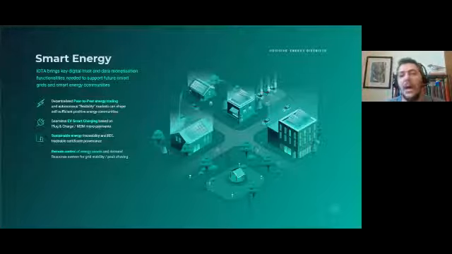So if I have the ability to create energy, and let's say that I created more energy than the one I'm going to use, I should be able to sell that energy to my neighbor or to whoever is close and might want or need that. So IOTA enables this.